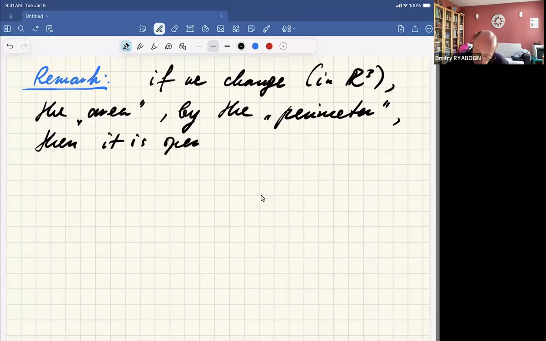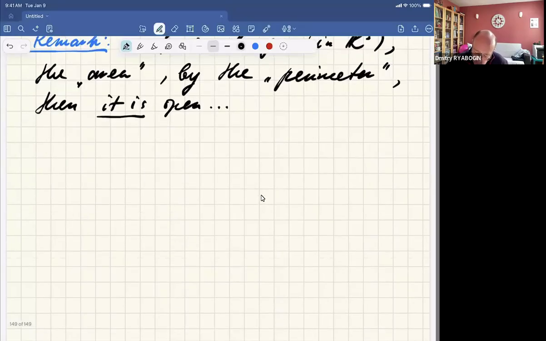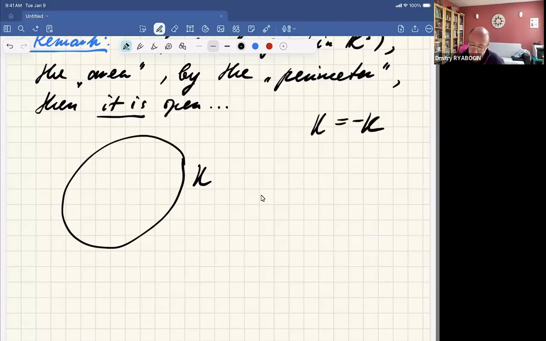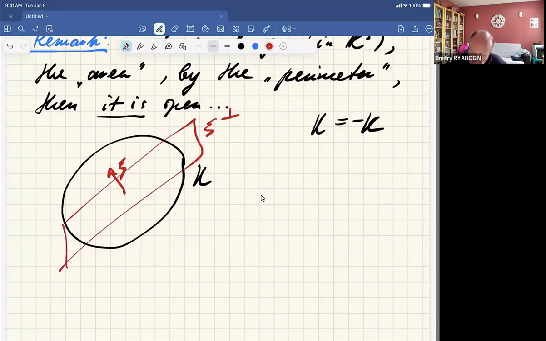What I mean is that if I have this body K, let's say origin symmetric, and this origin here, and this direction xi, and this xi perp, and this section, K intersection xi perp, but now I measure the perimeter, the length of the boundary.